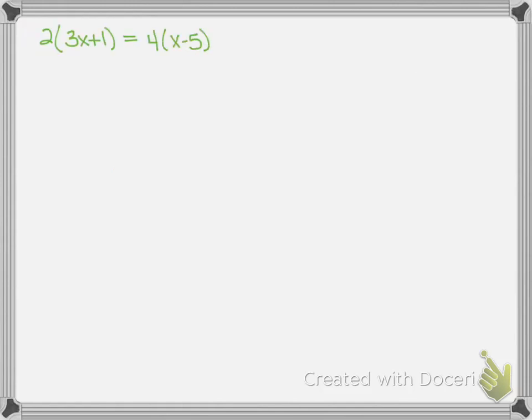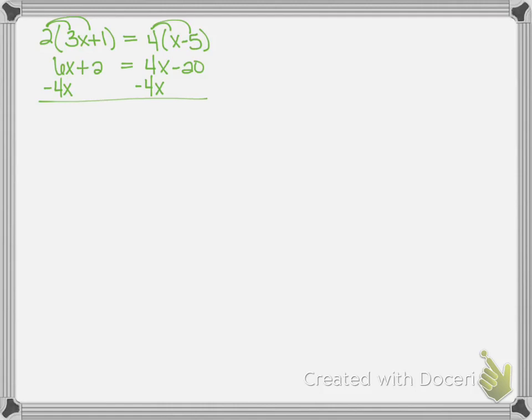Our second example: 2 times the quantity 3x plus 1 equals 4 times the quantity x minus 5. I do need to distribute, so I'm going to distribute my 2 and my 4. When I do that, I get 6x plus 2 equals 4x minus 20. Combining like terms, notice on the left-hand side there are no like terms, and on the right-hand side there are no like terms.